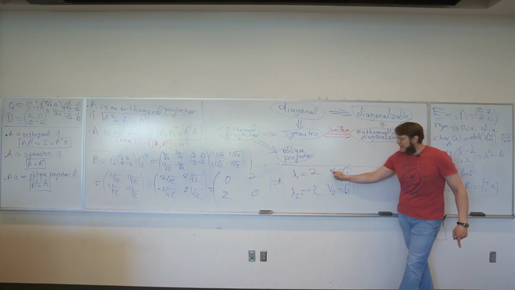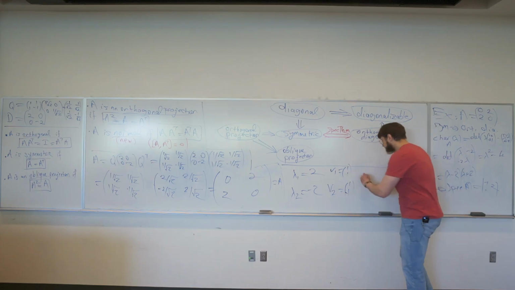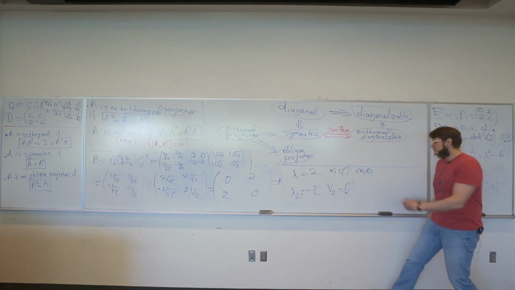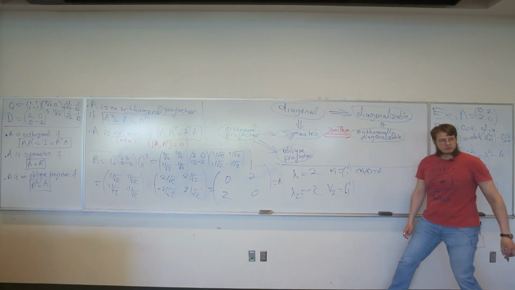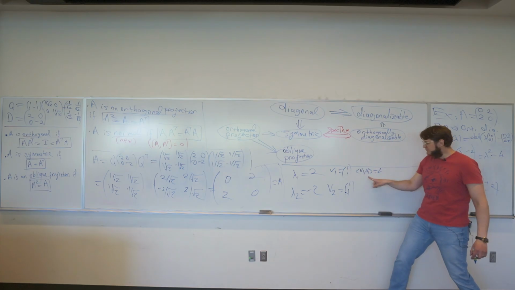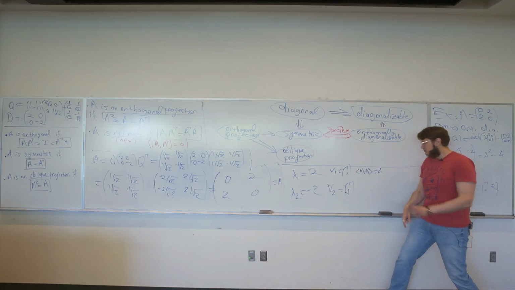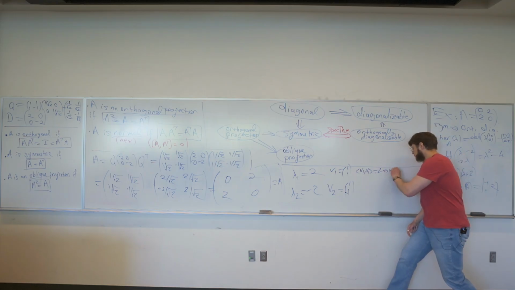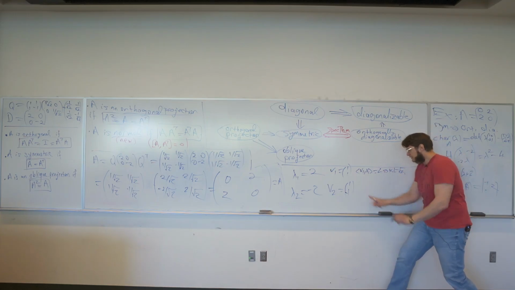So I need to compute the magnitude of this, and the magnitude of this. V1 against V1 is 2. V1 against V1 is norm squared. So the norm of this is √2. Likewise here.